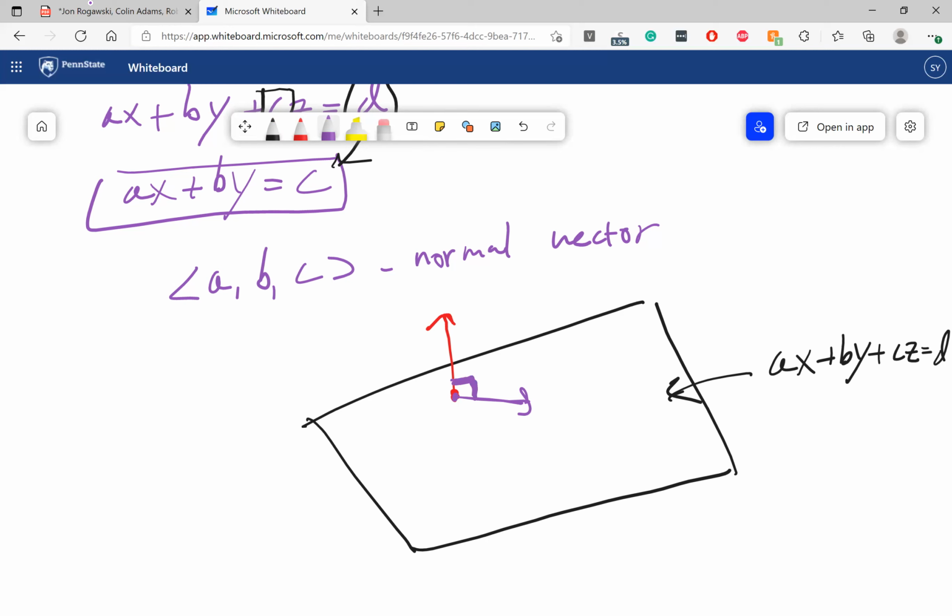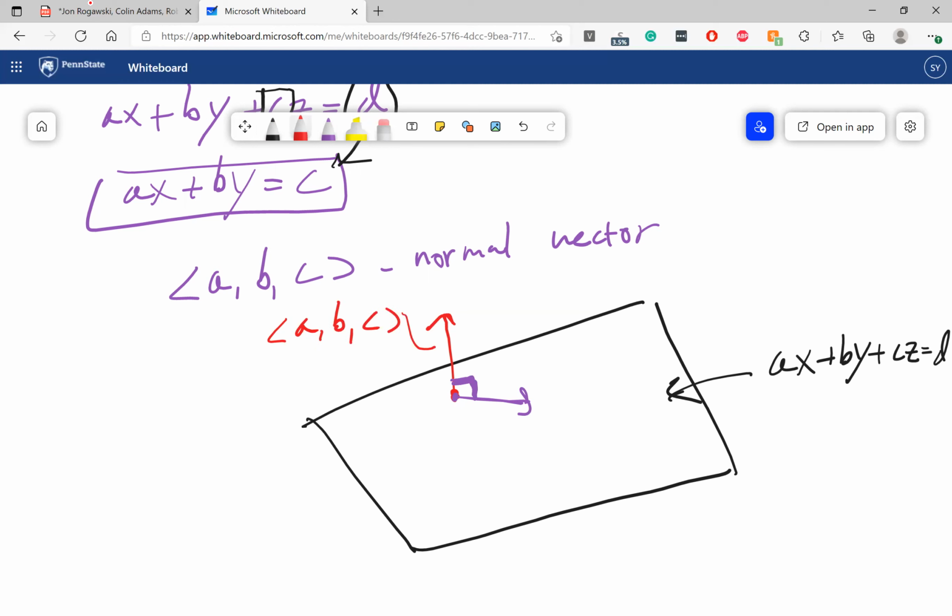And any plane has two vectors like this, one pointing up and one pointing down. And that vector, if you think about it, can characterize your plane. As long as you know this one vector, you can find the plane where all the vectors in the plane are perpendicular to that vector. And this is the vector ABC.